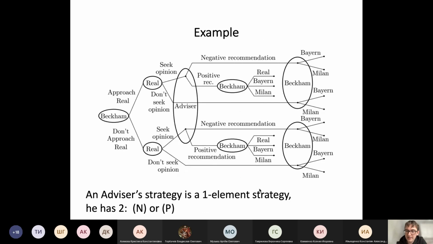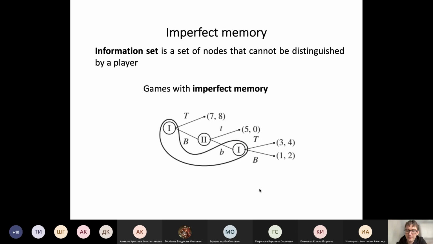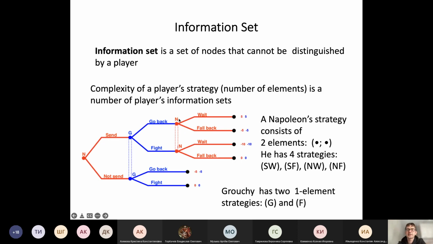Now, if we apply the same idea to an imperfect information game, we count these two nodes that are parts of one information set as one element for the strategy. So look, Napoleon's strategy consists of two elements because Napoleon has two information sets, one trivial here and one non-trivial here.